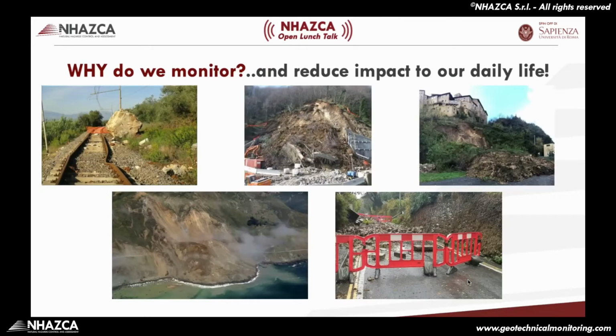But also, monitoring may help to reduce the impact on our daily life. Very often, a small blockage on a highway, or also on a local road or a railway, may be a severe issue because it creates strong limitations to our daily life.